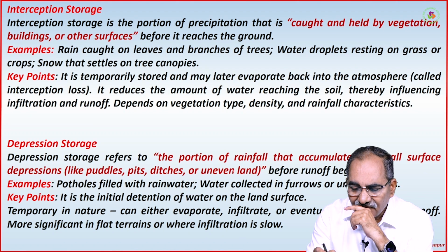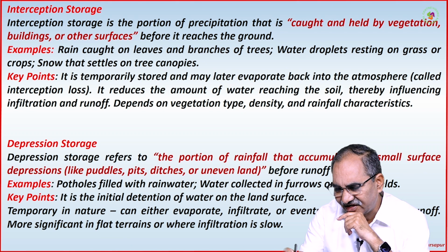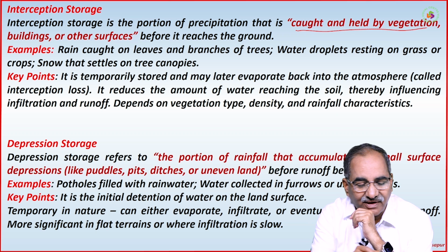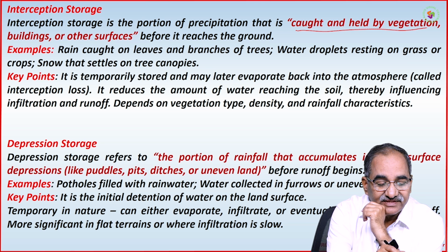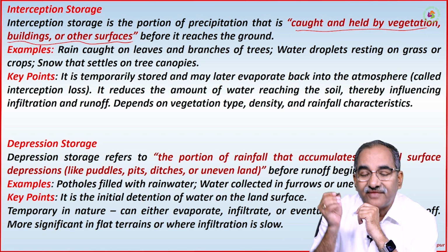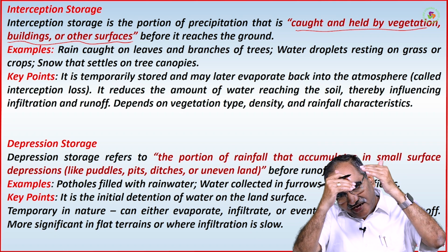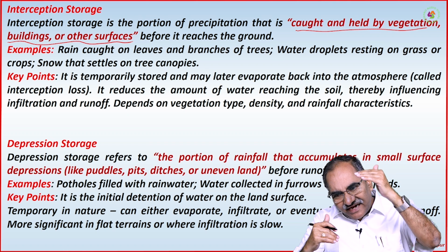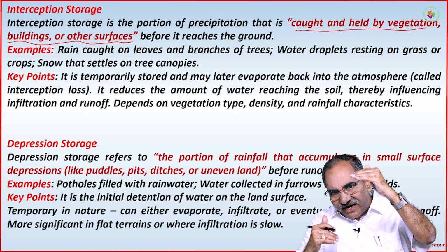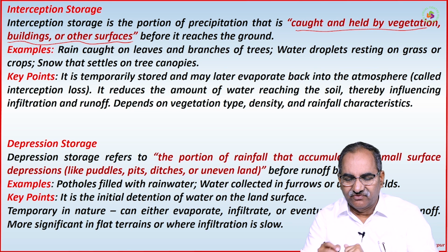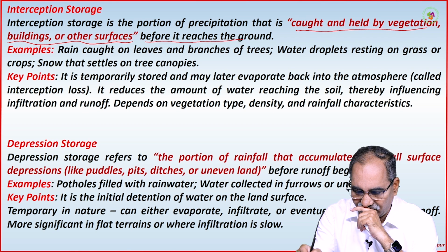Again, read it. It is the portion of the precipitation that is caught and held by vegetation, buildings and other surfaces. So by the time the rainfall reaches the ground, before that itself, it is intercepted and stopped.